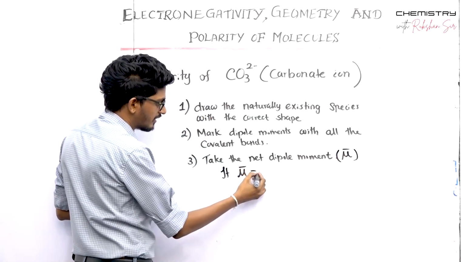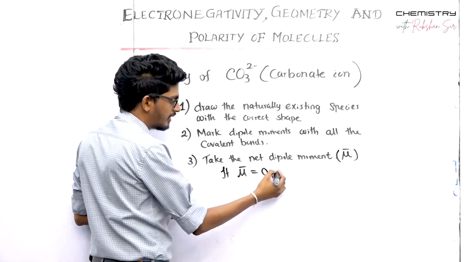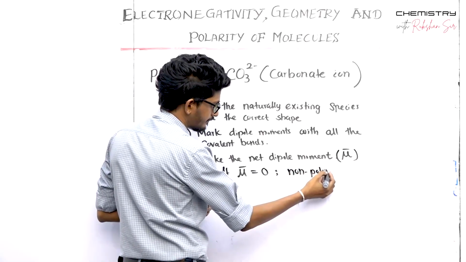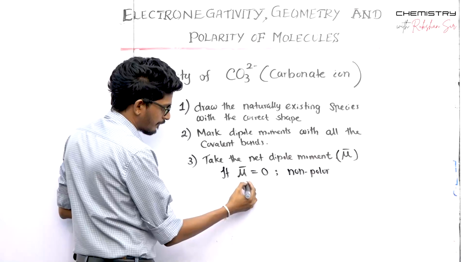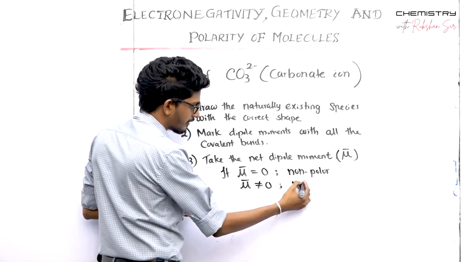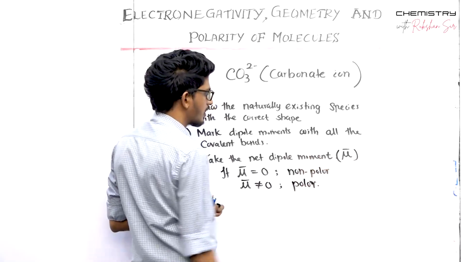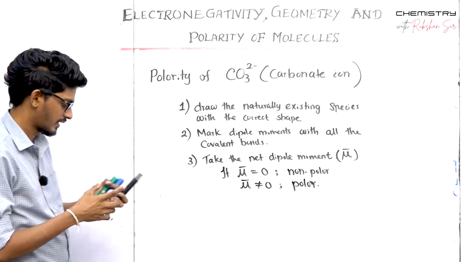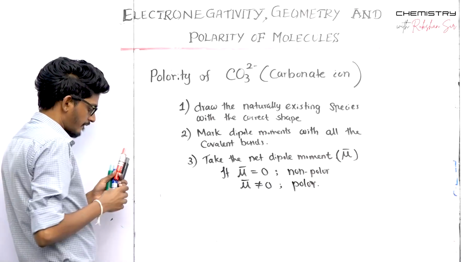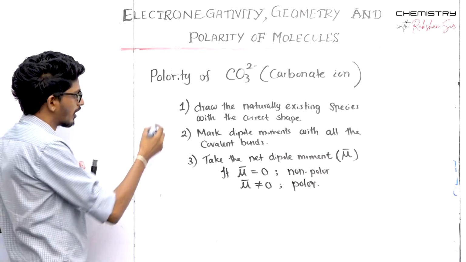If mu bar is equal to 0, then your species is non-polar. If mu bar is not equal to 0, then the species is polar. That is how you are supposed to examine whether a species is polar or non-polar.